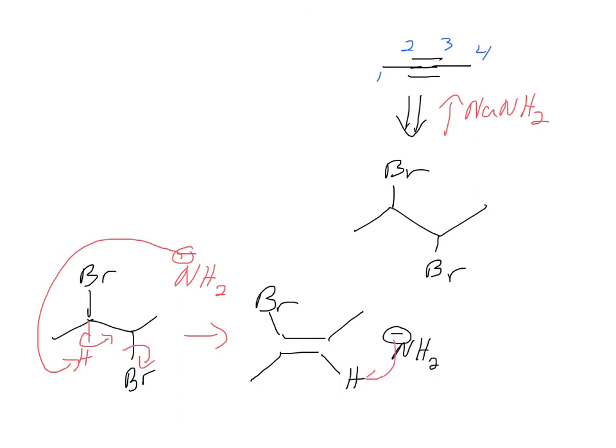Take another H away. We end up with the alkyne. And we have 2 Br minuses floating around, and we made 2 NH3s, which are gases, which bubble up. So it's a double elimination to make an alkyne.